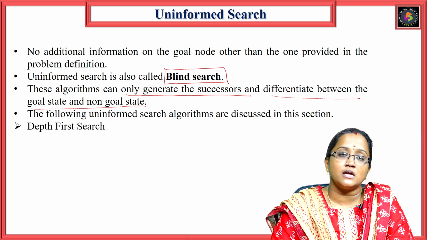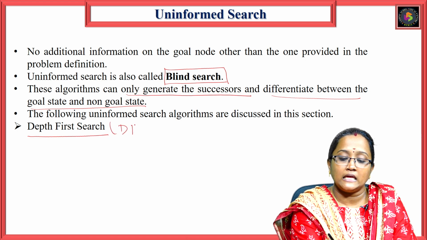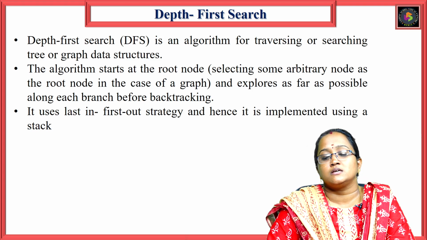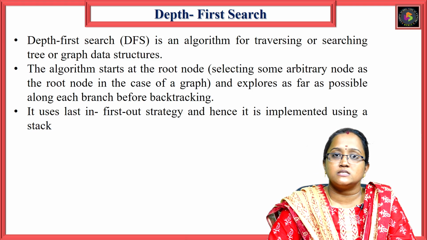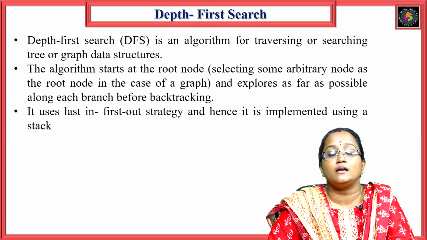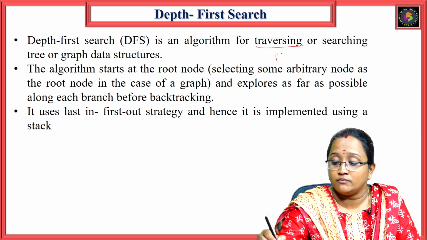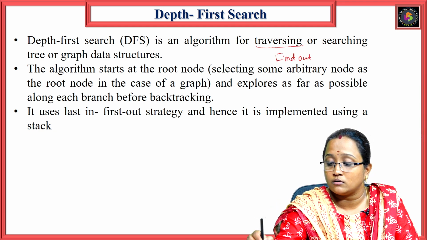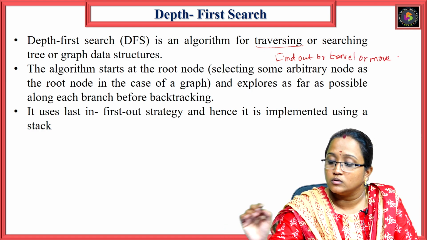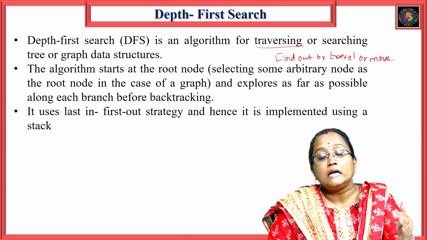So here we are going to see the depth first search algorithm, which we call DFS. By the name depth first search, or DFS, we are able to understand that it will traverse, which means we are going to find out, or travel, or move, whatever name you like. Traversing means we are moving from the start state in a depth-wise manner.